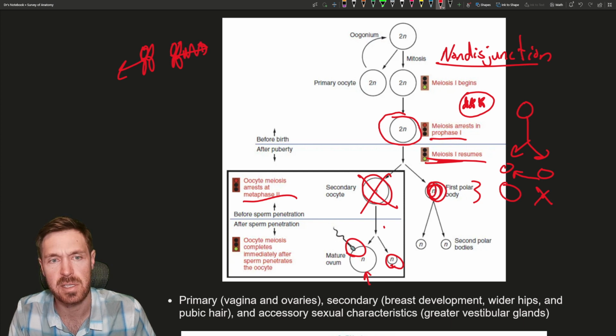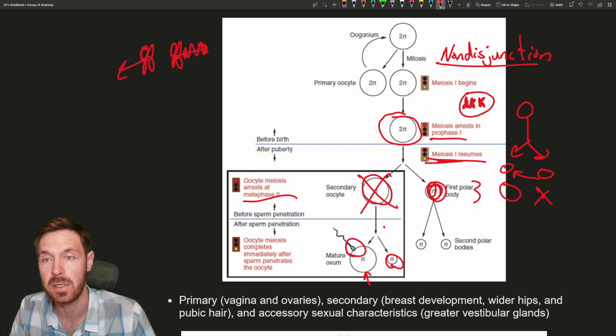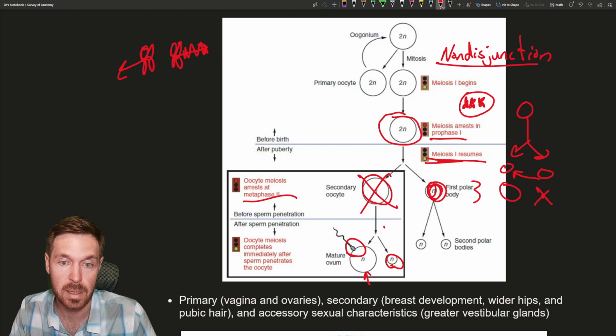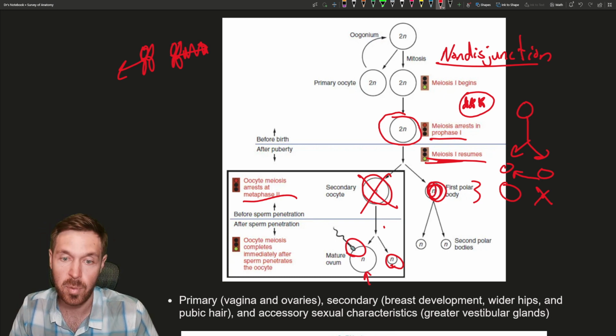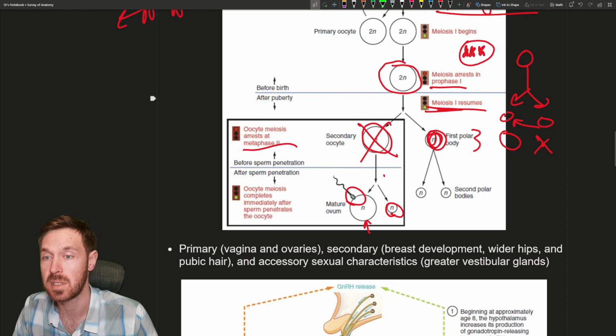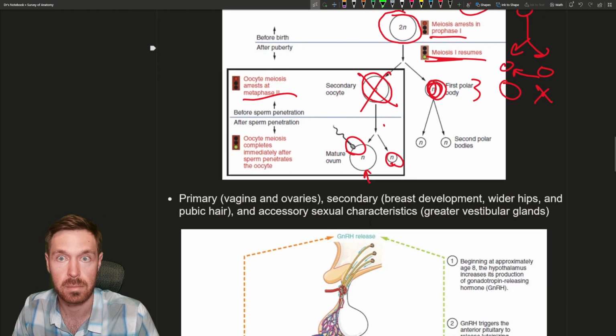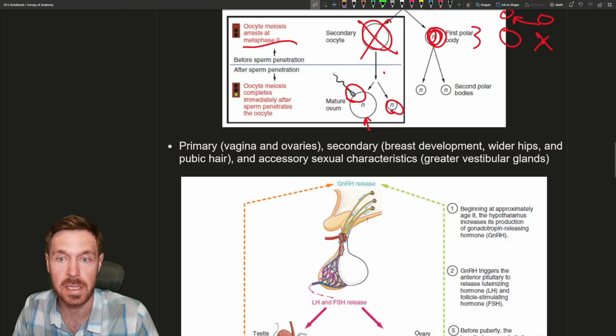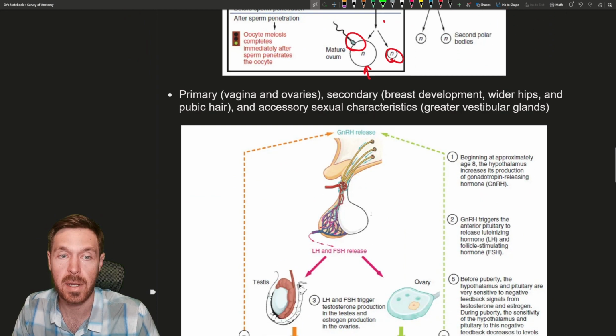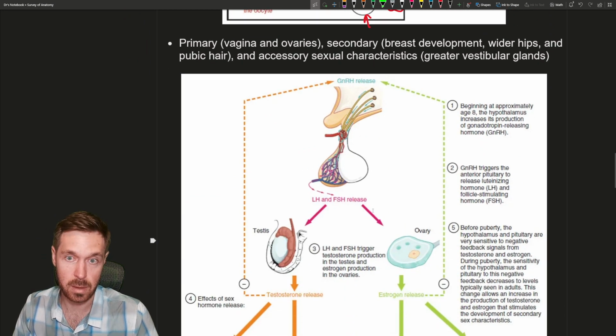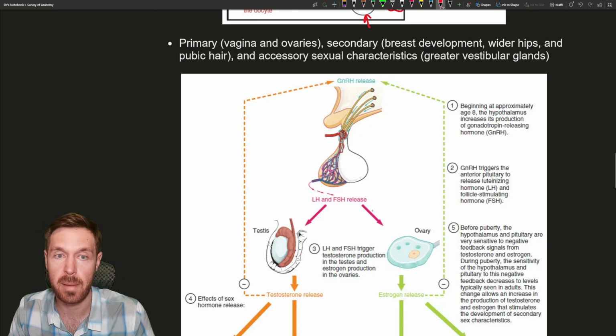Some of these spindle fibers can break down with life and increase the likelihood of chromosomal disorders with the age of the female for pregnancy. So after puberty, each month a dominant follicle is selected, and its goal, of course, is to be fertilized.